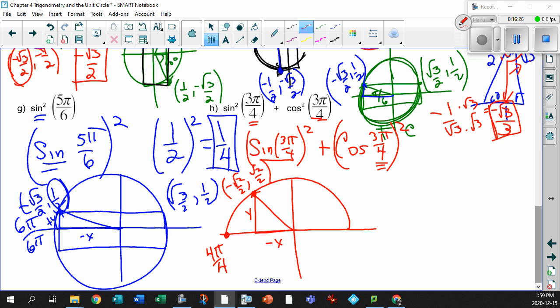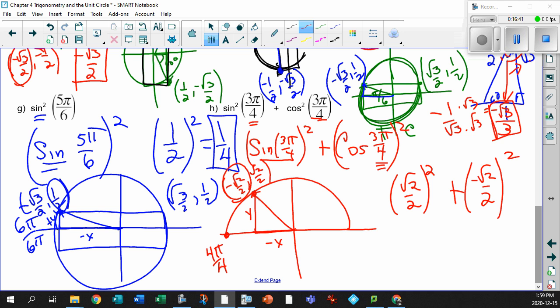So the sine of this guy is going to be root 2 over 2 squared plus the cosine of this guy, negative root 2 over 2 all squared. With me? Okay, so let's square this. Well, that's easy. That's going to be 4. The square of root 2 is just 2. The square of negative root 2 is just 2.